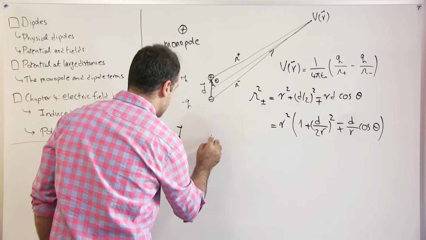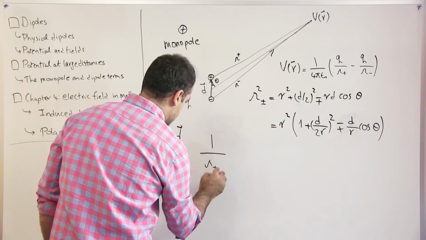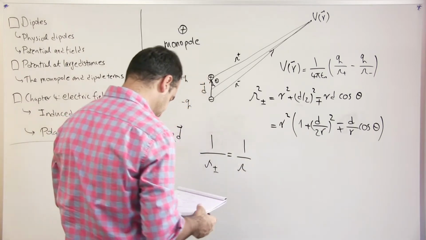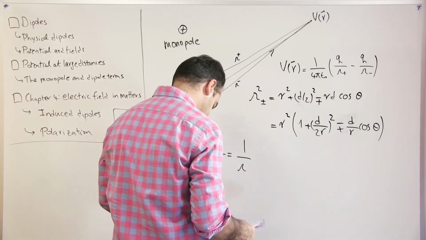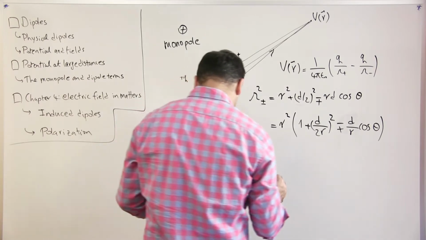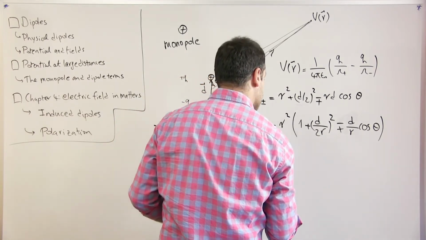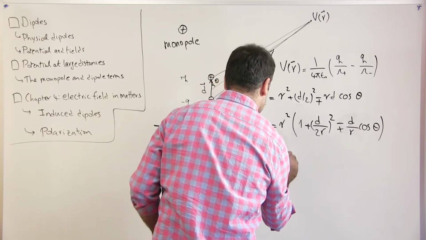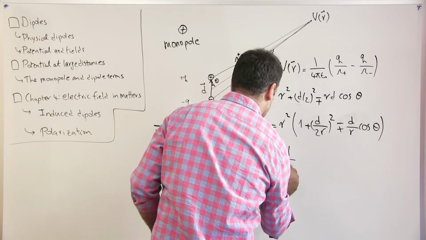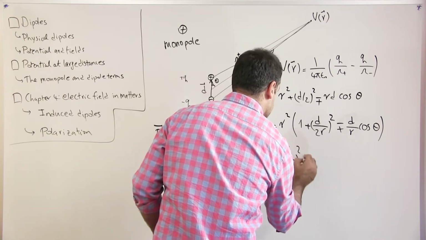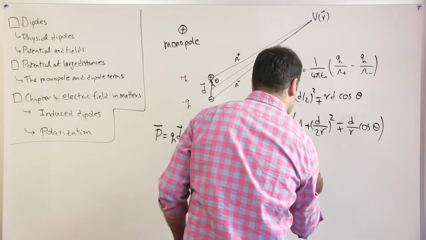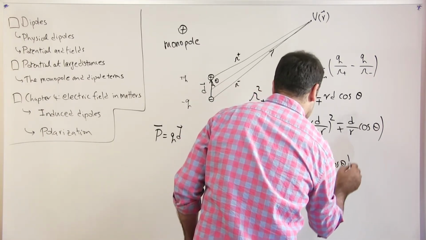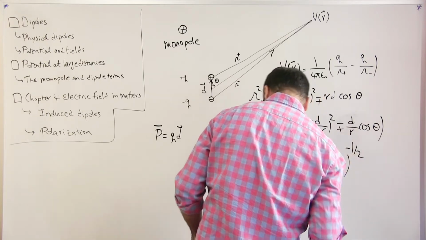Okay, so now if you look at 1 over R plus/minus, you get 1 over R, and you get 1 plus (D over R) to the power of 2, minus plus D over R cosine theta, to the power of negative 1/2.